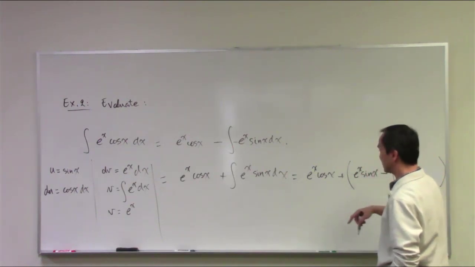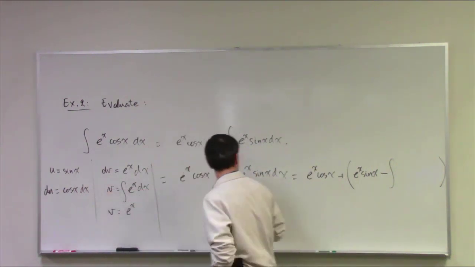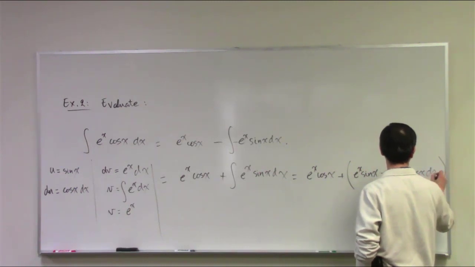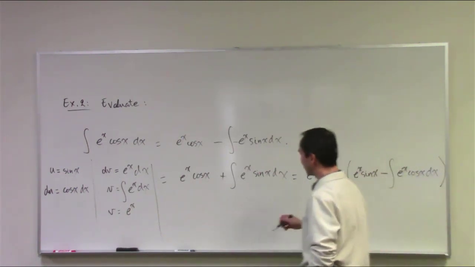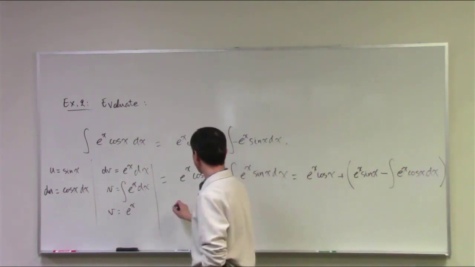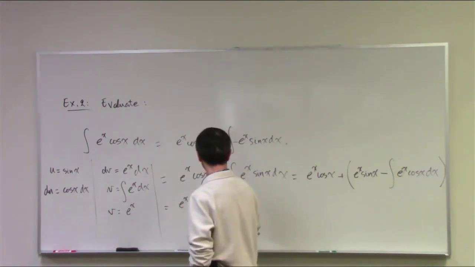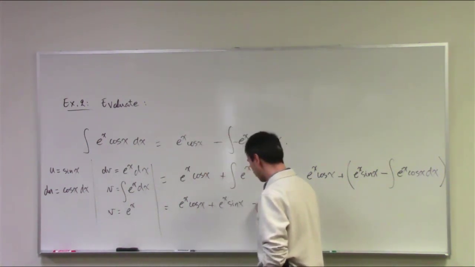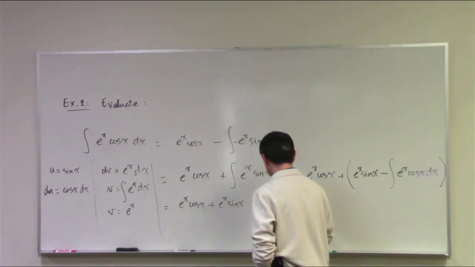Minus, and now we have v times du, e to the x times cosine of x. Then we're breaking the parentheses out. So we're looking at something like this: e to the x times cosine of x plus e to the x times sine of x. You guys following? Minus, and then there's the e to the x times the cosine of x.